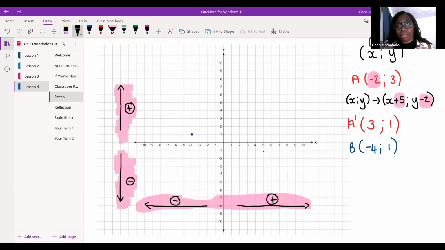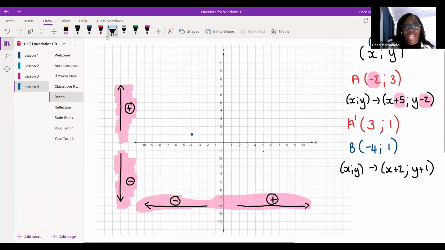And then I tell you guys that my rule is I moved from (X, Y) and I went X + 2, Y + 1. Now, for my X + 2, guys, tell me, where am I moving and how many times for X + 2? I'm over here. Left or right, and how many times?